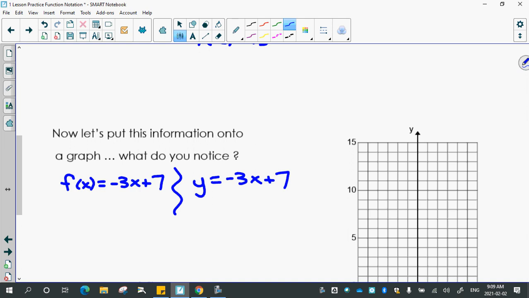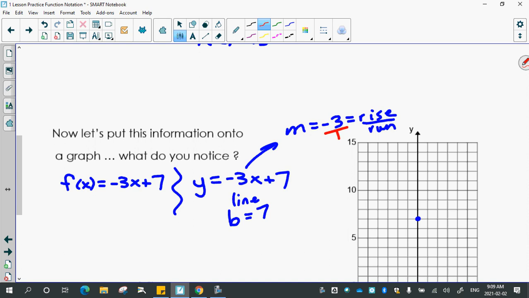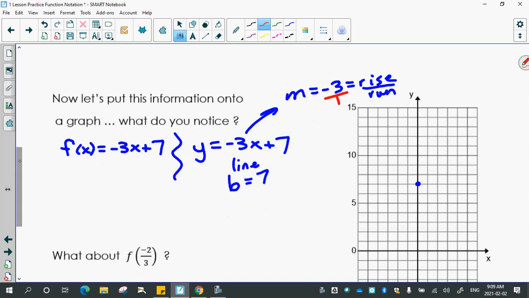We would recognize it was a line that had a y-intercept of 7 and then a slope of negative 3, which is the rise over the run. So from that y-intercept, we would go down 3 and right 1 to get more points on the line.